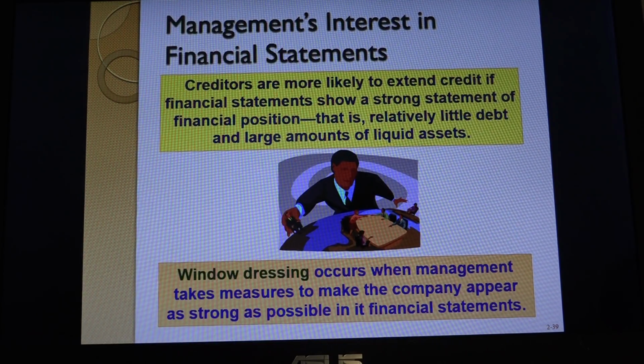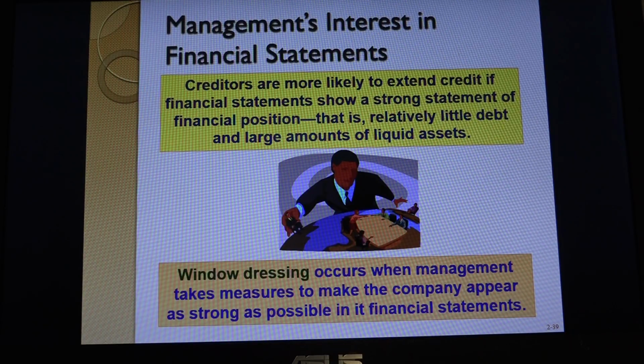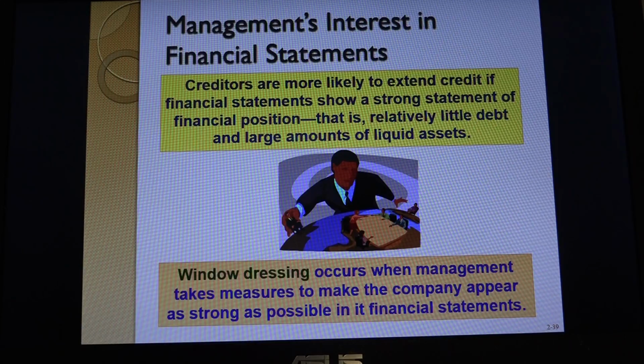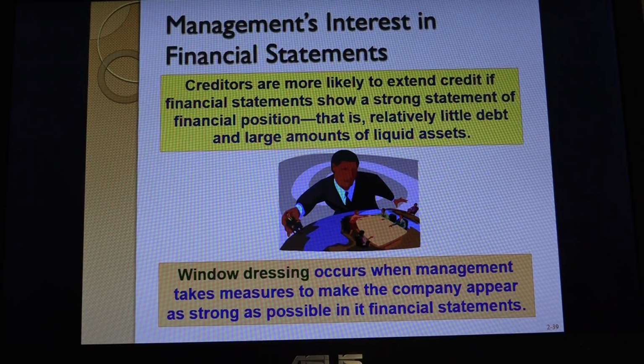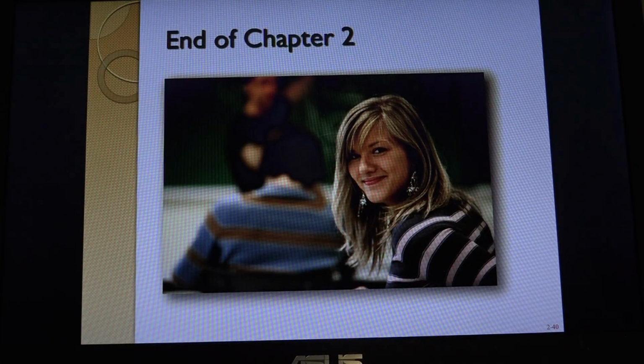That would be window dressing. Just doing it to make a sale at the end of the year to make your numbers look better. So that's what they're talking about there. Okay, the end.